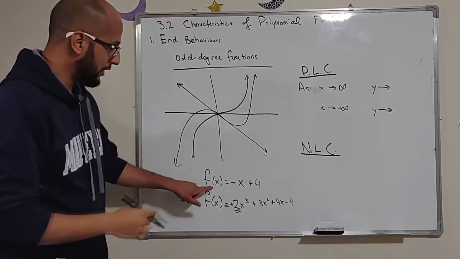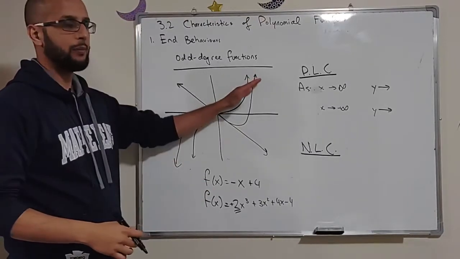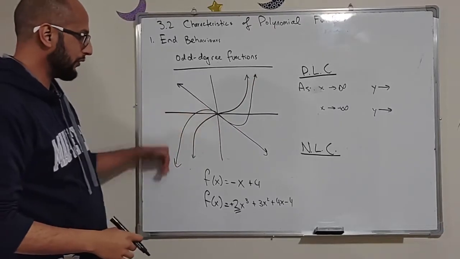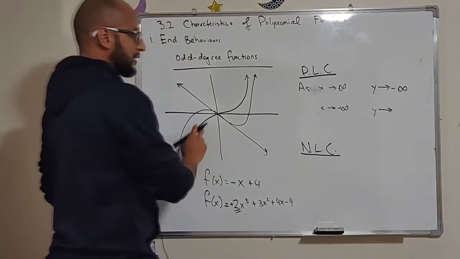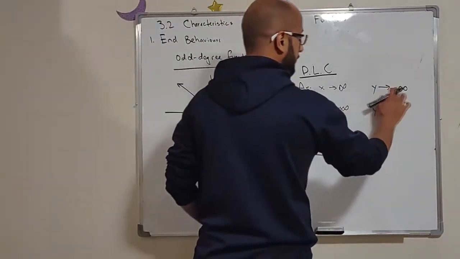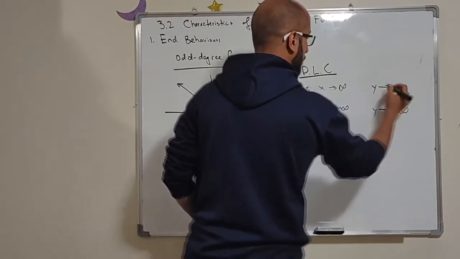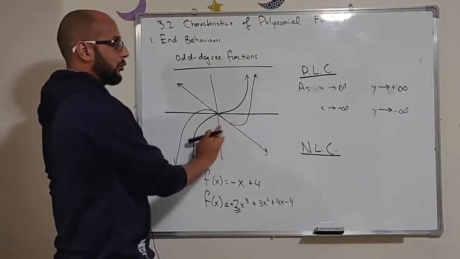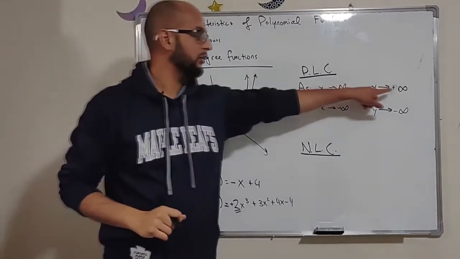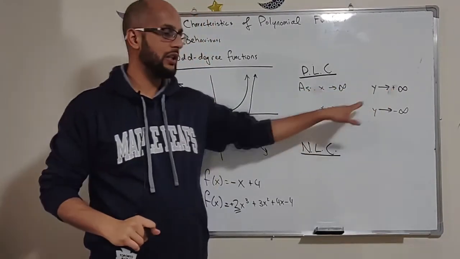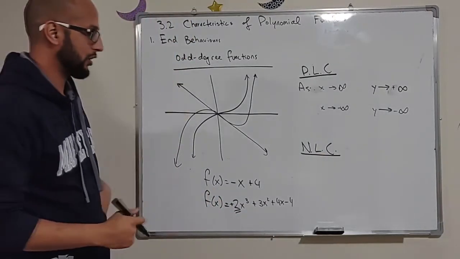So with a positive leading coefficient, which is starting from the bottom left and going to the top right, as x approaches negative infinity, y approaches negative infinity. And as x approaches positive infinity, y will approach positive infinity. So as x approaches positive, y approaches positive. X approaches negative, y approaches negative. That's when you have positive leading coefficients.